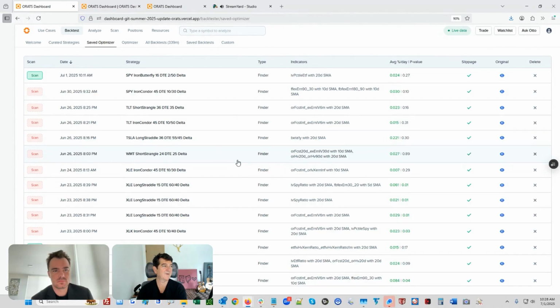This is where I wanted to get to when we started ORATS, or actually, that's not true. What happened was I really wanted just to have really good data that you could use to trade with, but then people demanded, well, I want to backtest it before I put it in. And then we just kept the progression going.